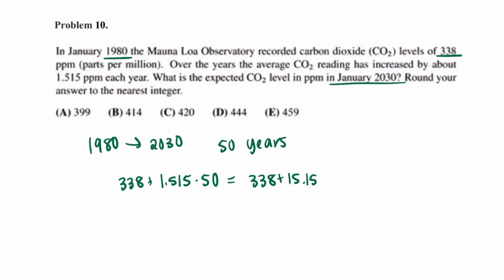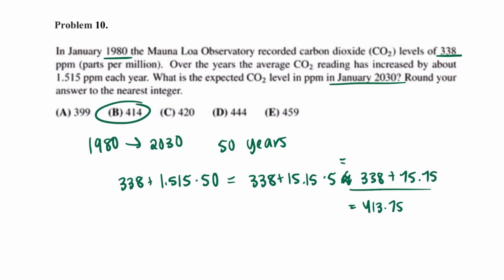So this is going to be 338 plus 1.515 times 50, which is 338 plus 75, actually it's exactly this amount, which is going to equal 413.75, which is approximately 414. So our answer is B, 414.